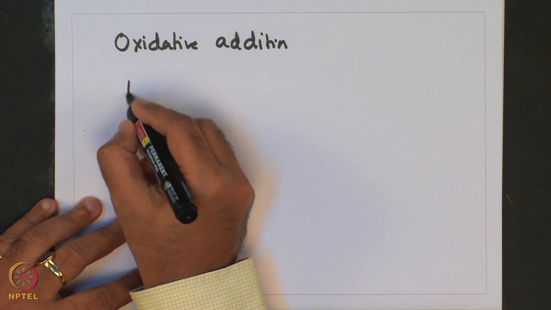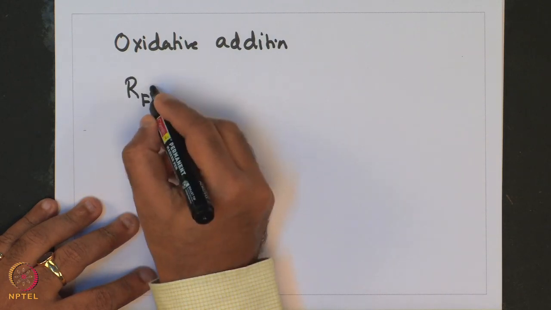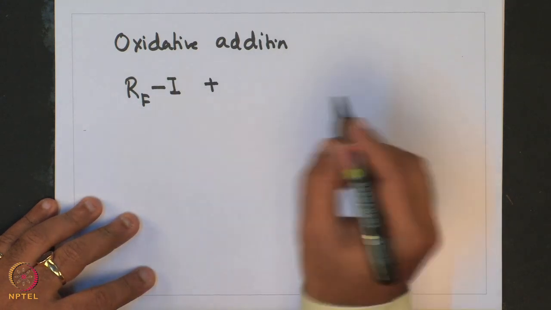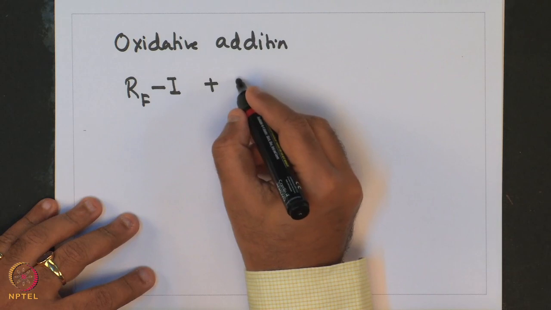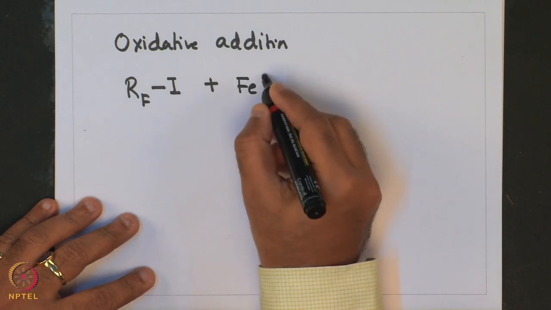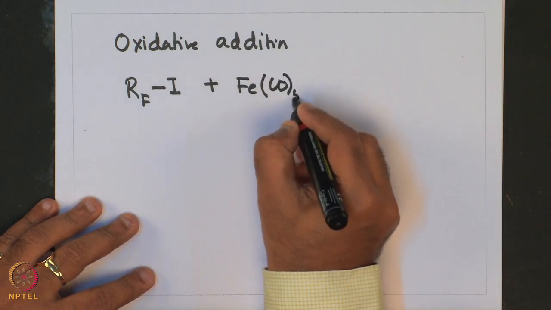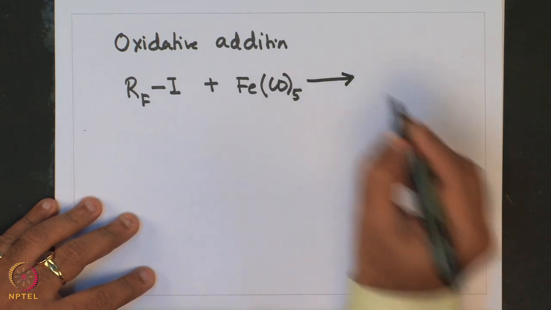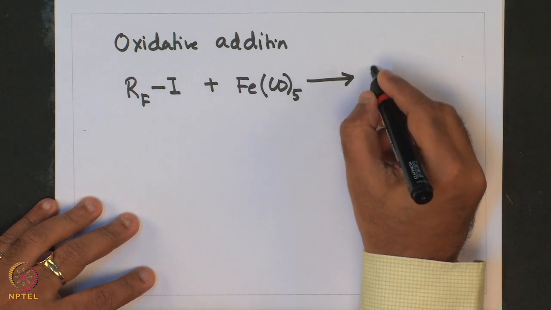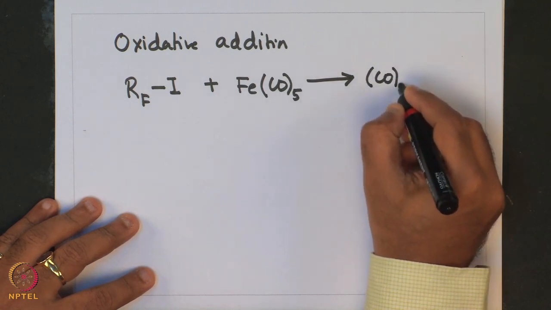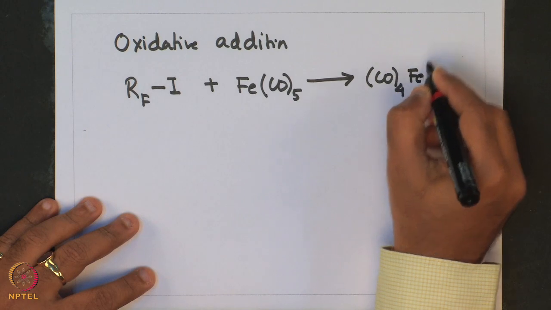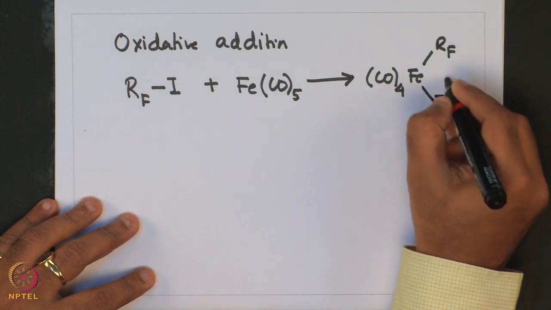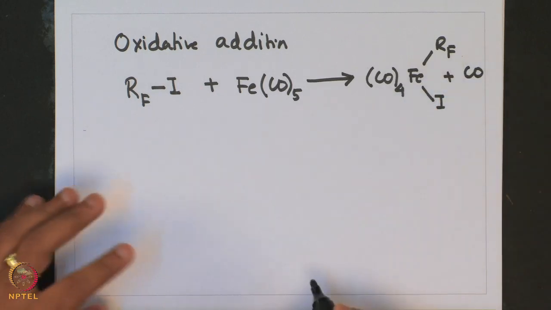Perfluoroalkyl iodide can be oxidatively added against a low valent metal center, for example, iron pentacarbonyl, giving the oxidatively added product plus CO.